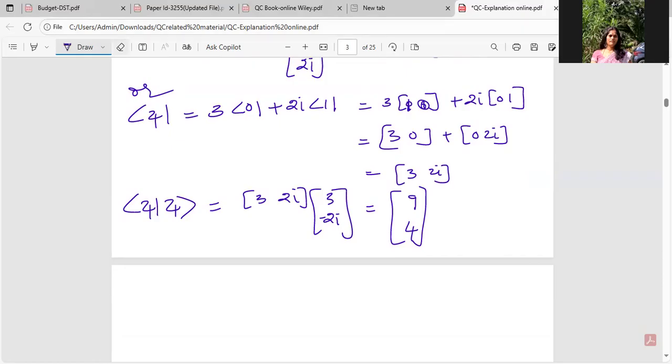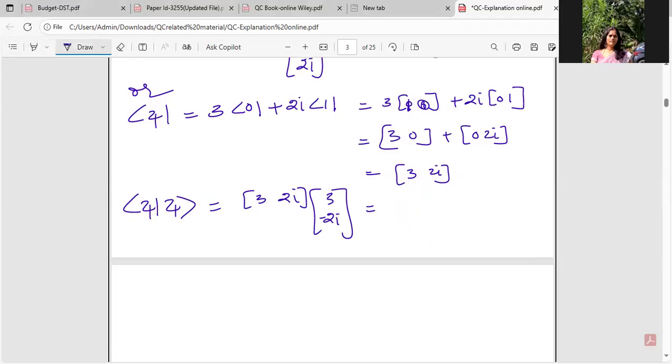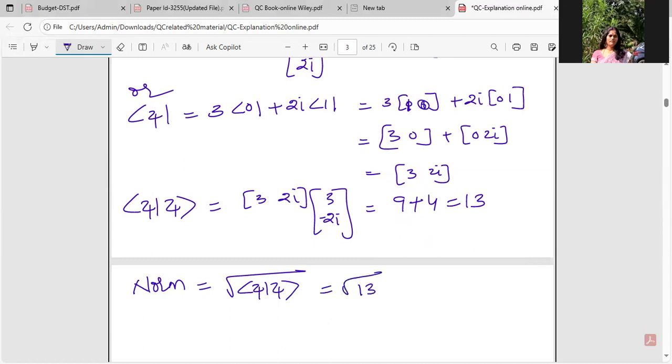A row vector into a column vector gives a single element, 9 plus 4, which is 13. The norm is the square root of the inner product, so the square root of 13.